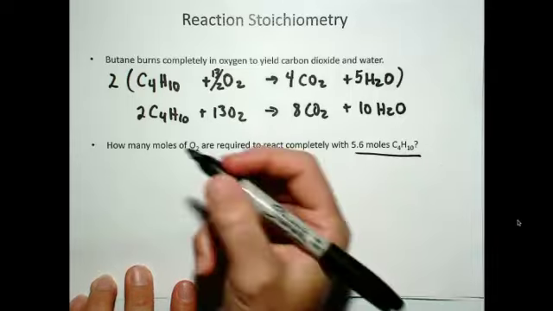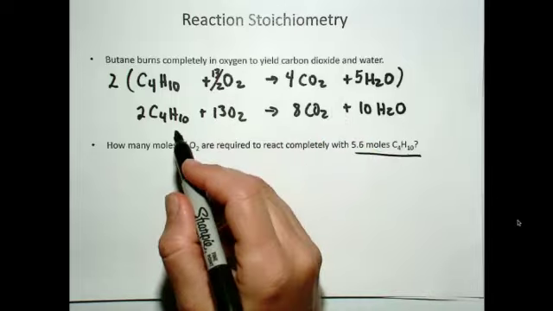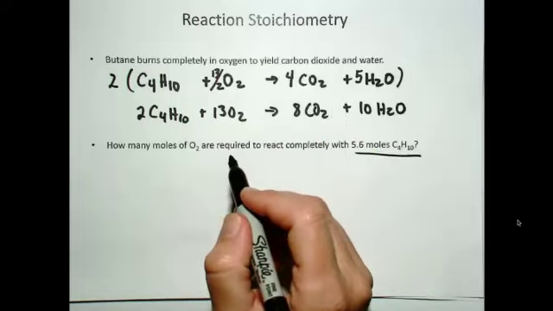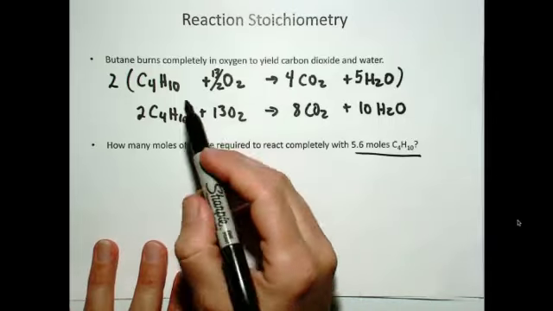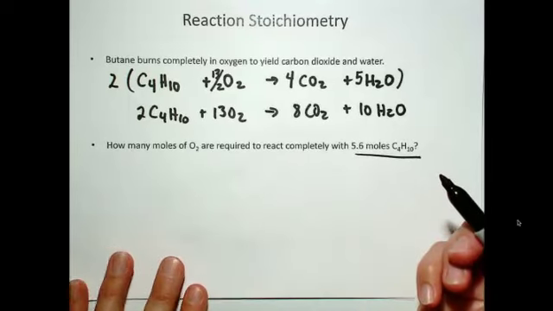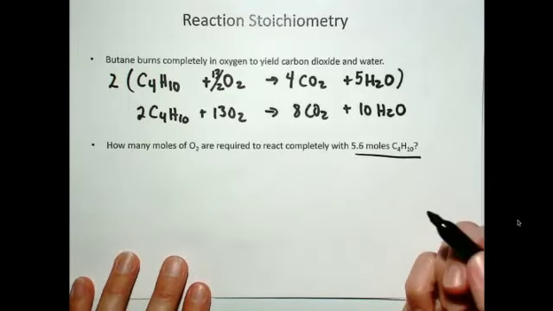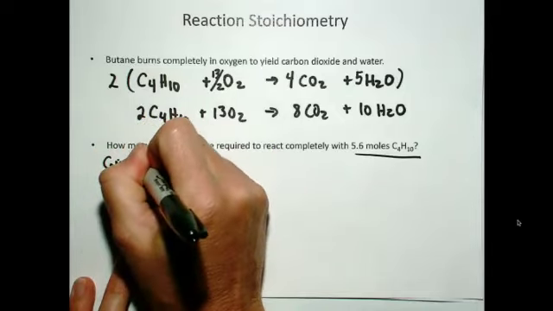Because the chemical reaction is balanced, it's an equation, you can actually use the equation as a conversion factor: knowing the amount of one reactant or product, predict the amount of the other reactant or product that is going to be needed or produced. So what I mean is just start with what's given.